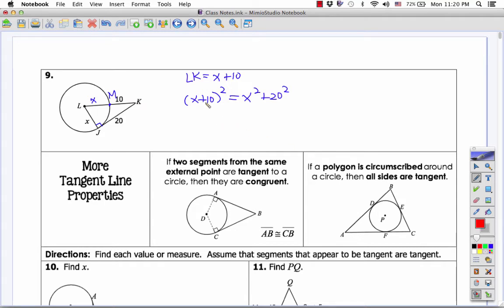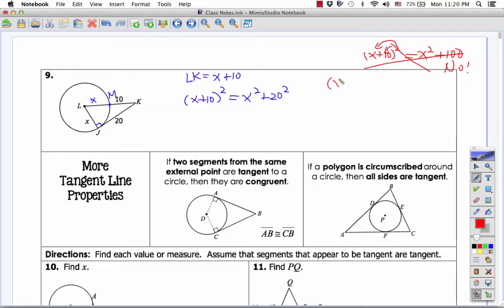There are different ways of solving it, but probably the easiest thing to do is to distribute this. Remember, instinctively, some of you will just directly square the two terms inside, and this is wrong. Cannot do that.